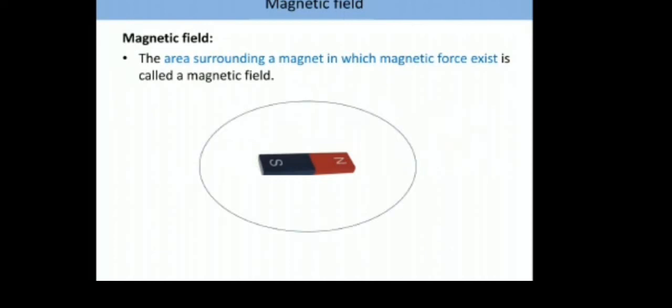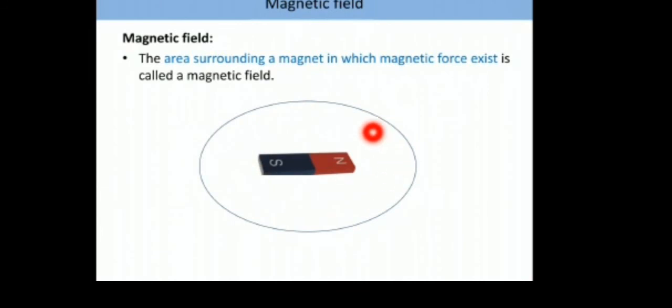Anything which is kept outside the boundary will not attract, but iron nails or something kept inside the boundary will automatically attract. So this area or region in space where a magnet can attract something is known as its magnetic field.